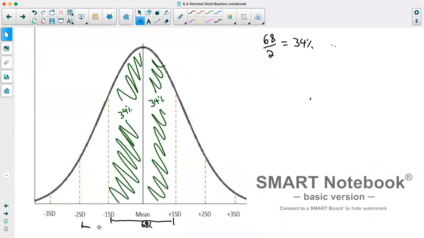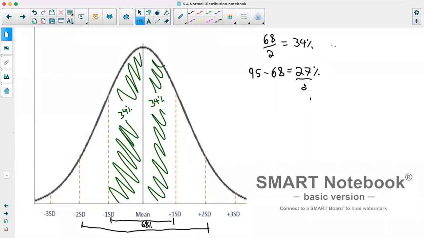Now we know that it's 95% between 2 standard deviations. So what we can do is go 95 minus 68. That'll give us how much is here and here. And that gives us 27% is between these two.